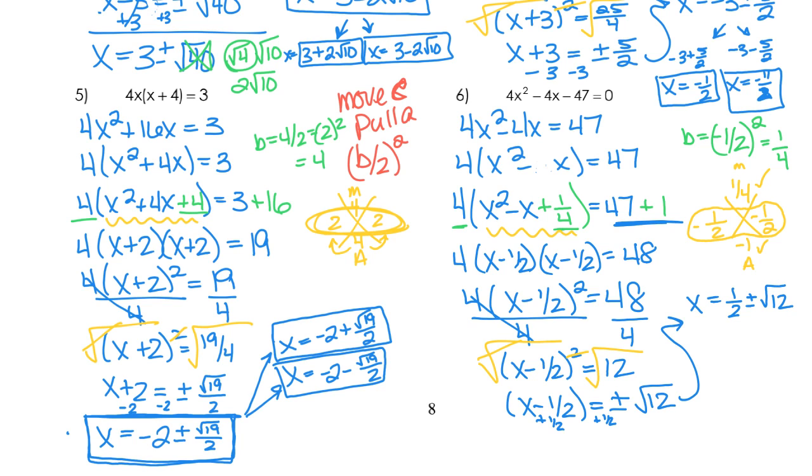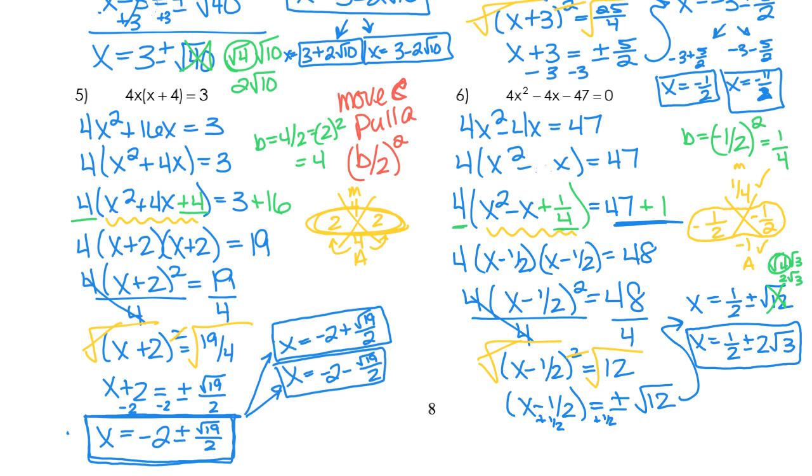And it'd be finished except directions say simplest radical form, and 12 is not in simplest radical form. Square root of 4 times the square root of 3 is how you break it down, and then the square root of 4 becomes 2 square root of 3. So now we rewrite it with that replaced. So we'll say x equals 1/2 plus or minus 2 square root of 3, and that would be simplest radical form. And there would be our two answers.